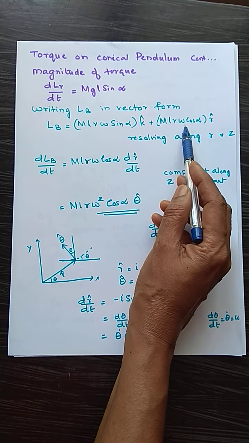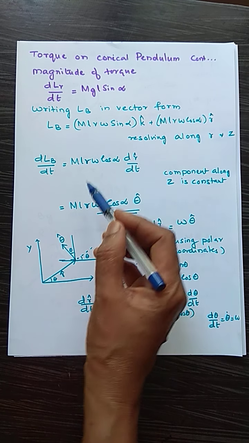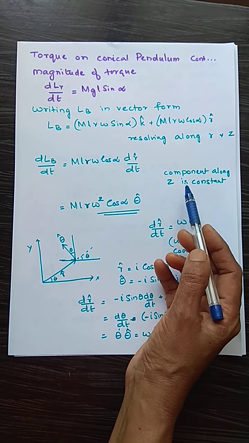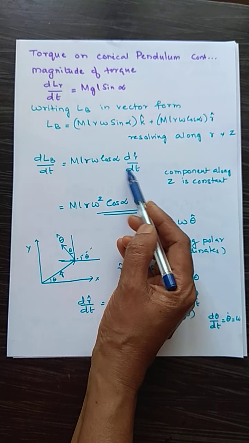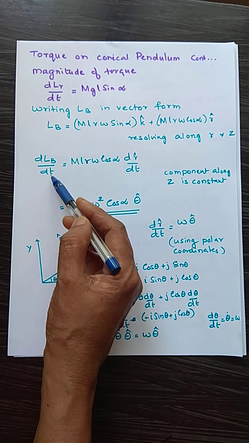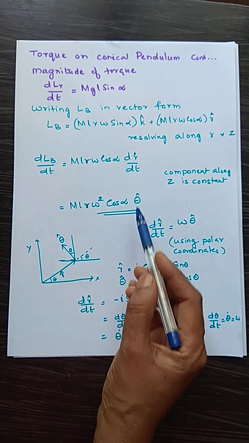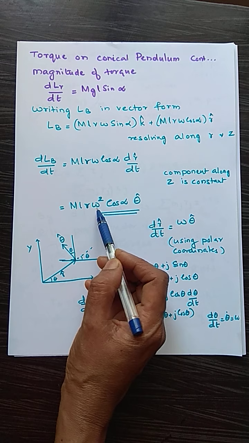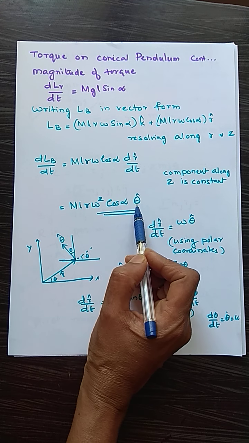So m l omega cos alpha dr by dt, and dr by dt is equal to m l r square cos alpha unit vector theta.